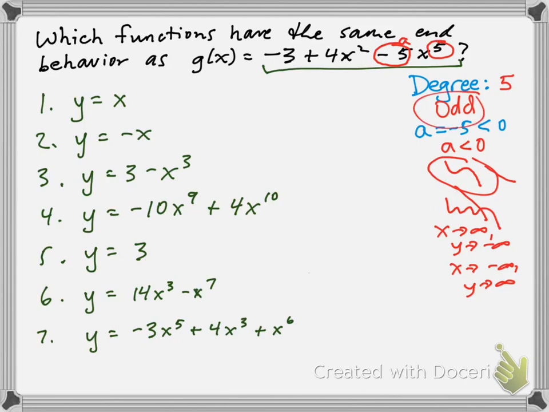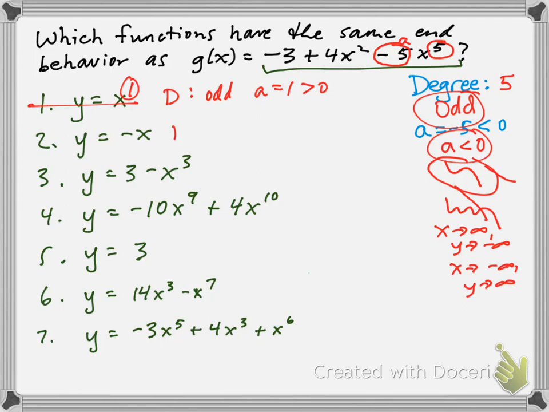Degree odd, a negative. So all we have to do is determine from each one, starting with number 1, the degree is odd because the degree is 1, and the a is 1, but that's positive. So no, y equals x does not have the same end behavior as the given function g of x.